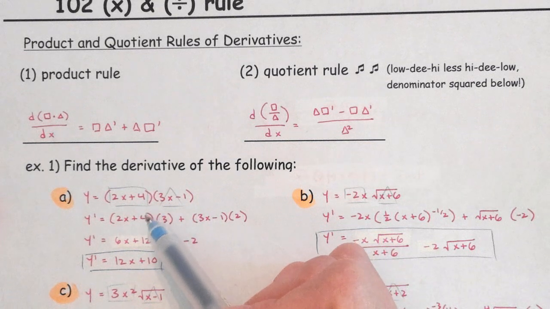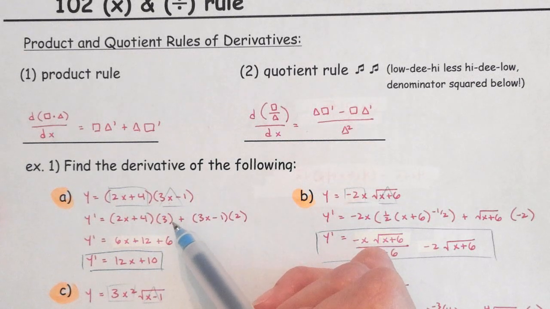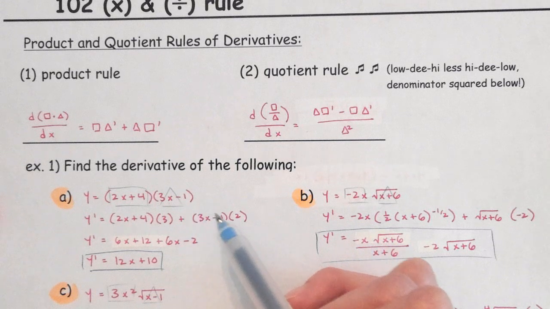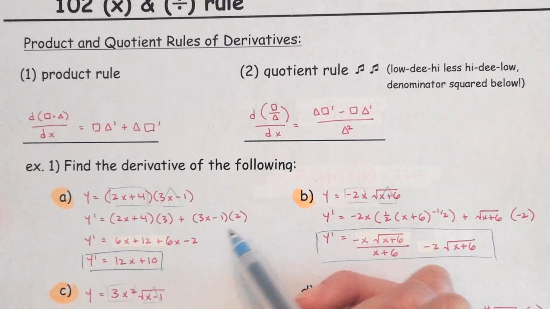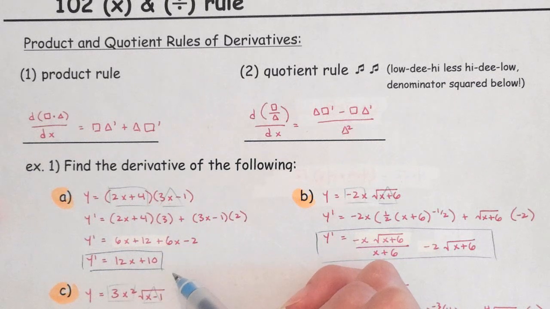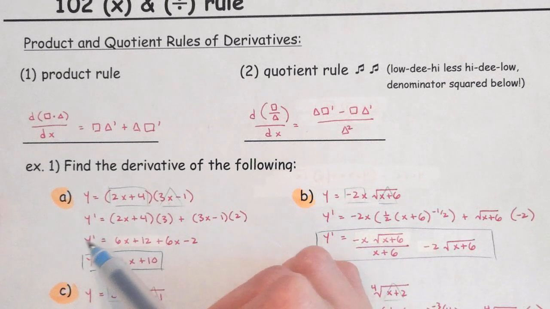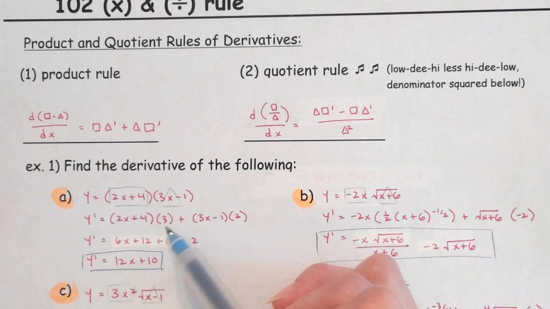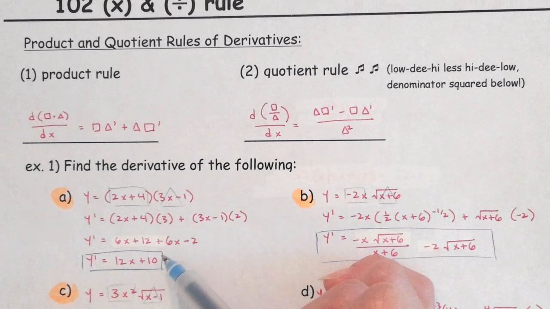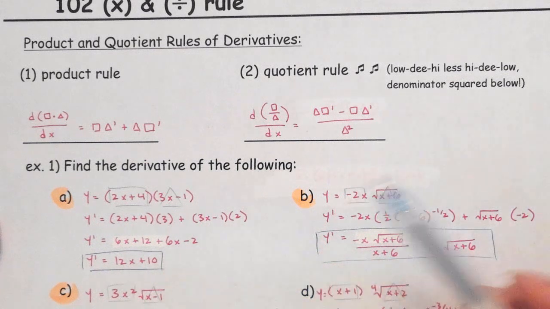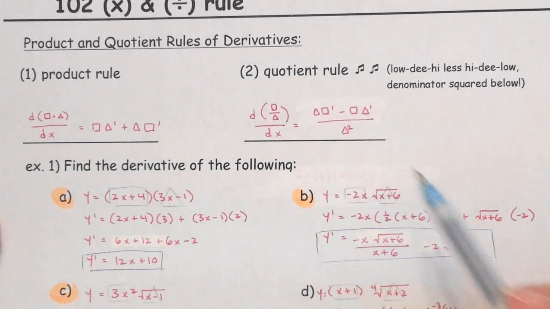And then I have my box, derivative of the triangle is just 3, plus my triangle, derivative of the box is just 2. And then you multiply it all out, and then you have your final answer. So for something like this is the derivative, and sometimes we just want to make sure that we simplify everything, okay? And then we'll talk about the quotient rule in a little bit.